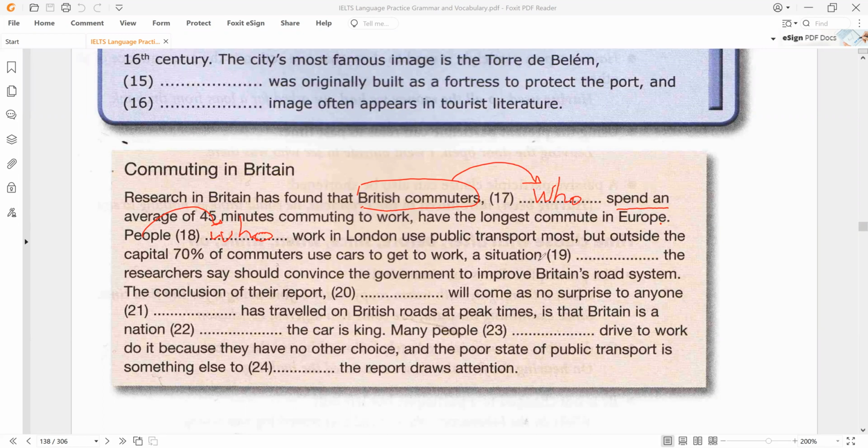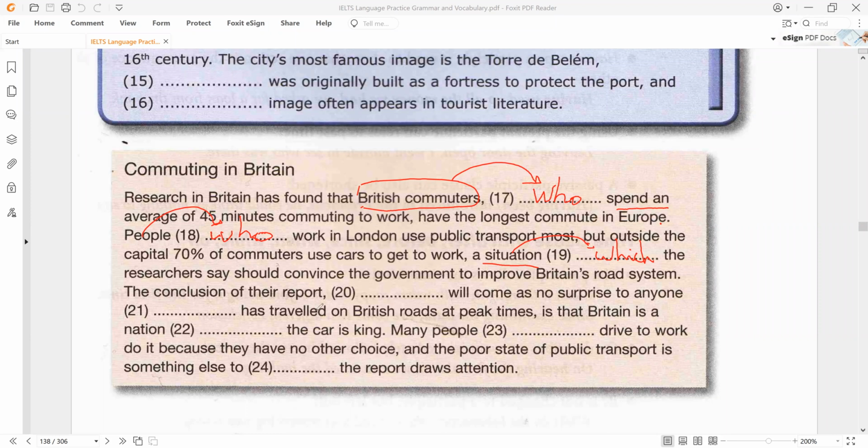A situation that or which. You can say which, you can say that. The researchers say should convince the government to improve Britain's road system.